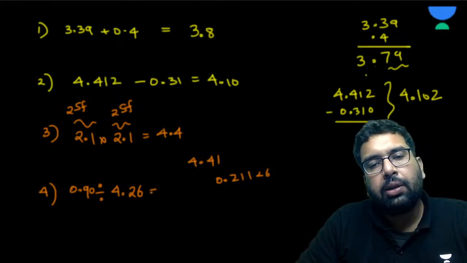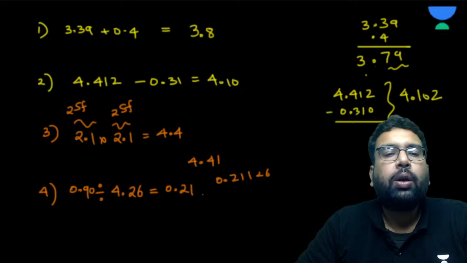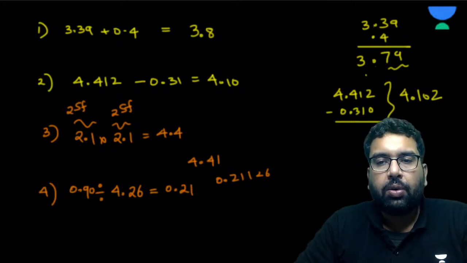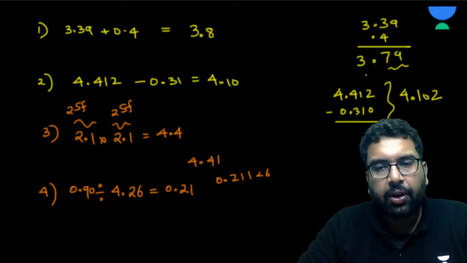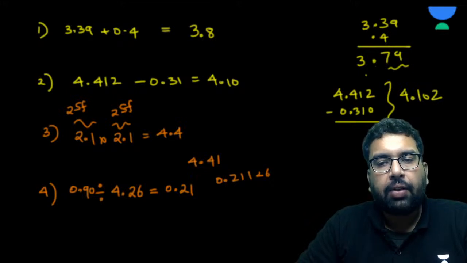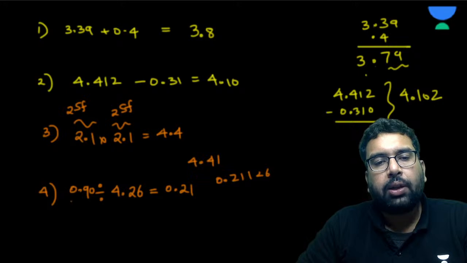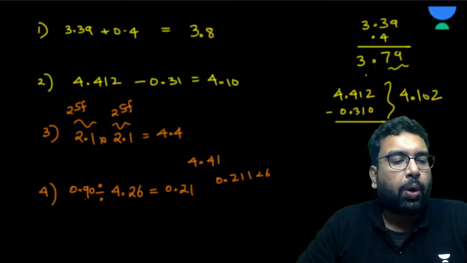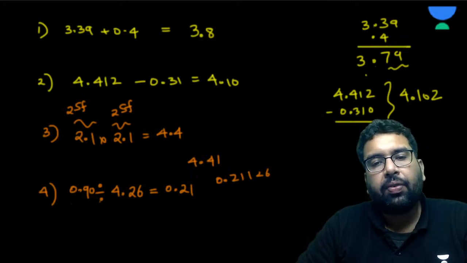So what should the answer be? It should be 0.21. Why 0.21, sir? Because the final solution must have the same number of significant figures as present in the value with the least significant figures. So 0.90 has the least significant figures, isn't it?